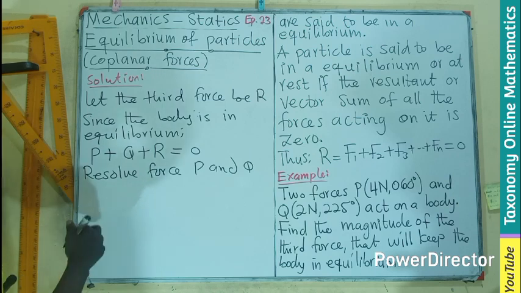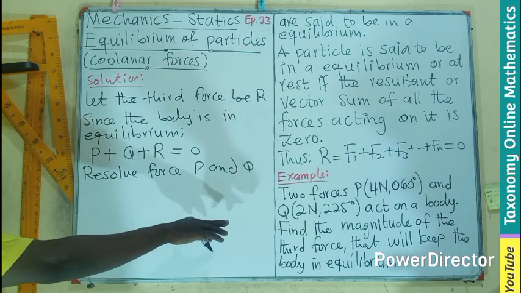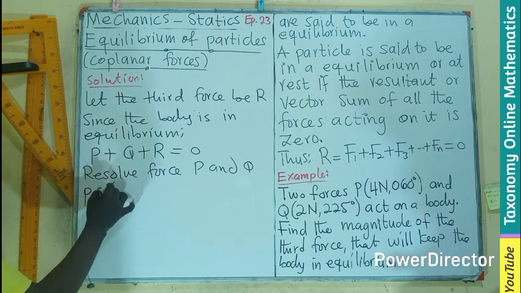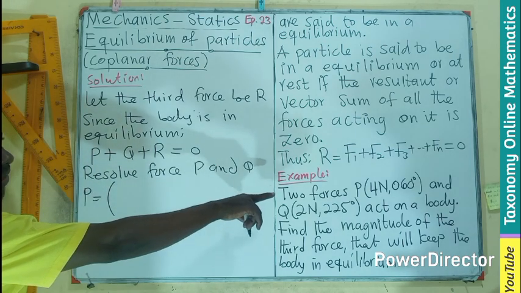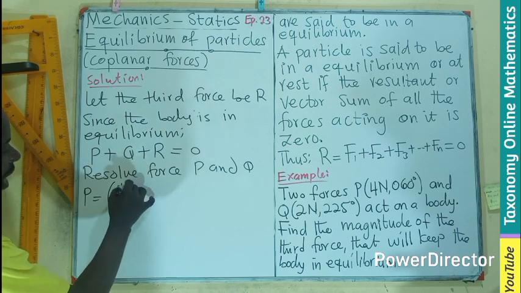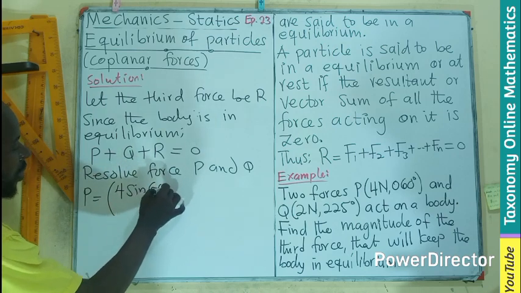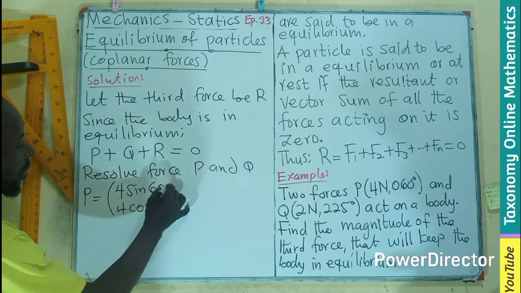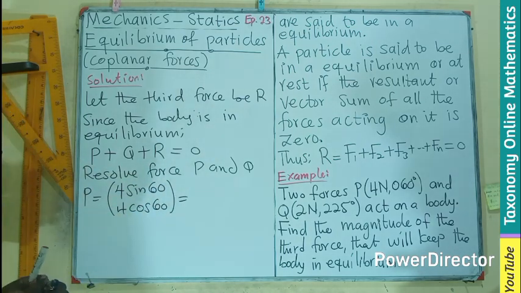If I pick the first force, which is P, the first thing I need to do is to have my P equals to the magnitude, 4. What is the angle? So we have 4 sine of the angle 60, 4 cos of the angle 60. Let's resolve that.